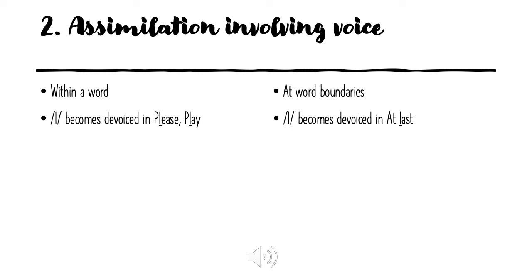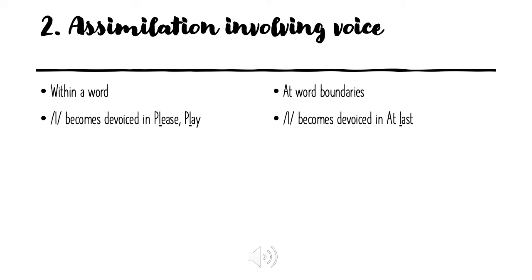P is a voiceless consonant, and under the influence of that voiceless sound, the L, which is by itself a voiced consonant, loses its voiced quality and becomes more of a voiceless or a devoiced consonant. Please, play. So this is an example of assimilation involving voice change.